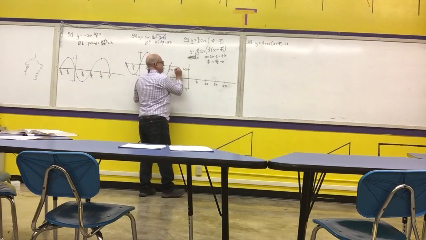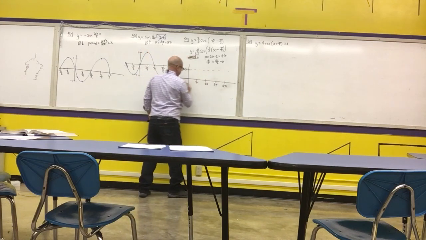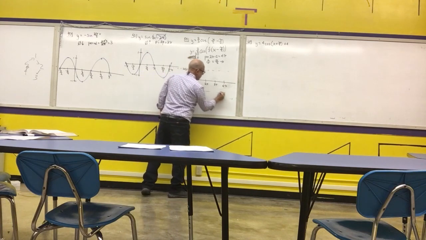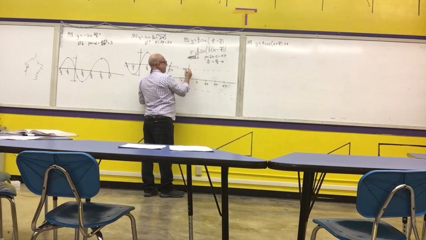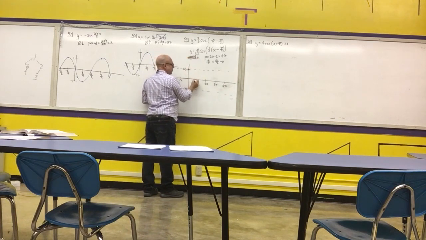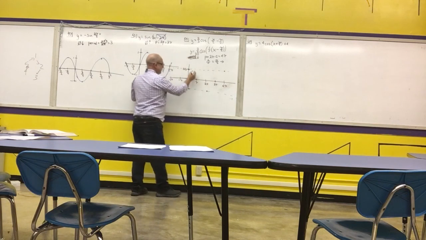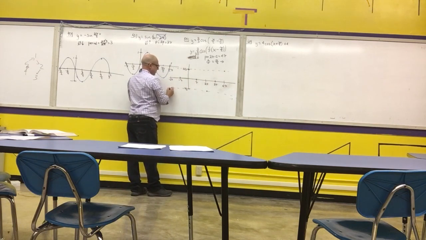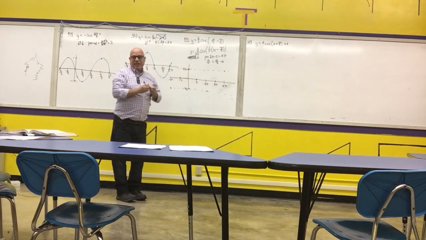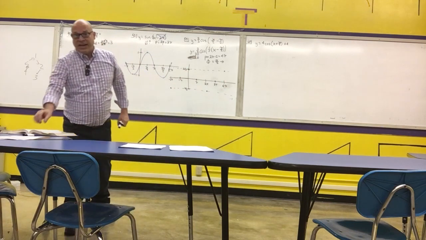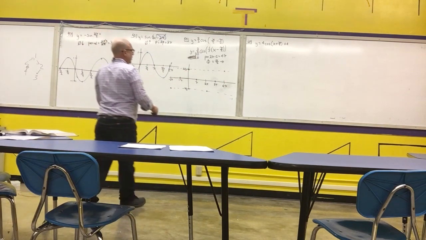So here's my maximum and minimum. I'm just going to put dotted lines here. So I start at 1 going down. And I get back to where I was at the end of the period. So notice again, all I have done is I have dotted those in. Now what I'm going to do is take into account my phase shift.